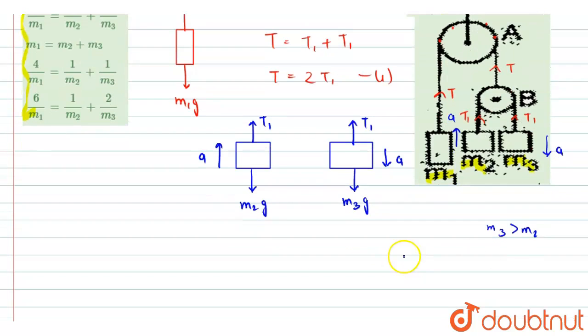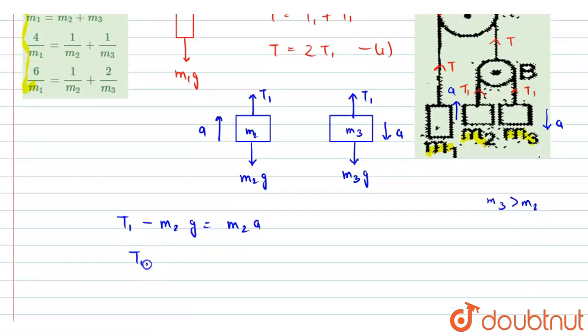Now, this is mass m2 and this is mass m3 block. For mass m2, if I write the equilibrium force condition, we will get T1 minus m2g equals m2a. From here we will get T1 equals m2, taking common, g plus a. Let this be equation 2.